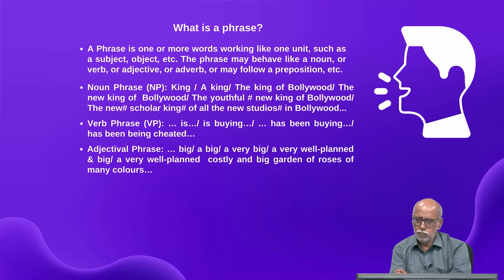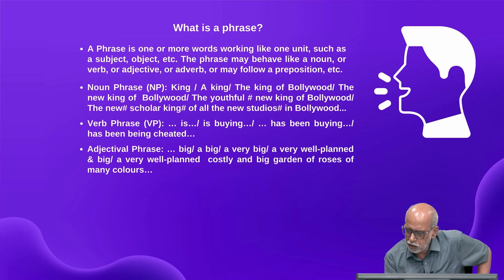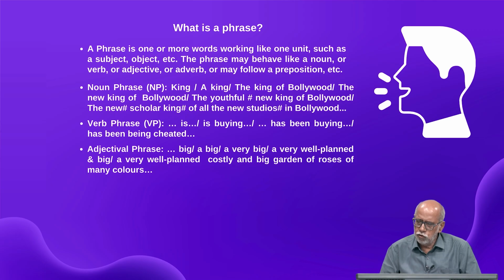So the youthful, one set of adjectives, new king of Bollywood, another set of adjectives. Or you can say, I should have put a pause marker here as well. The youthful new king of Bollywood, the new scholar king of all the new studios in Bollywood.